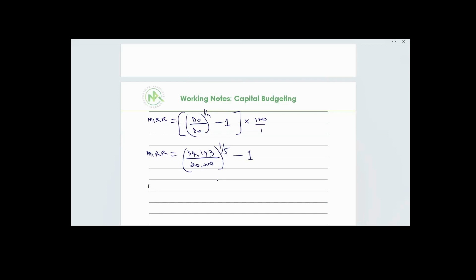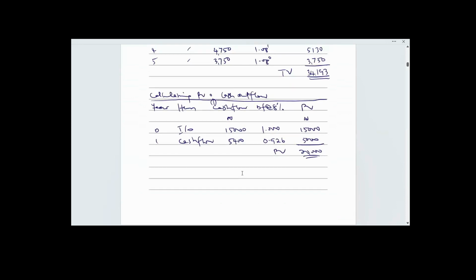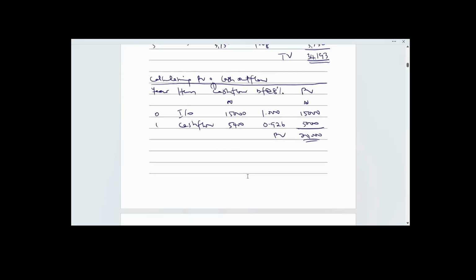Okay, so modified internal rate of return equal. Then I will bring out my 1 divided by 5 is equal to 0.2.